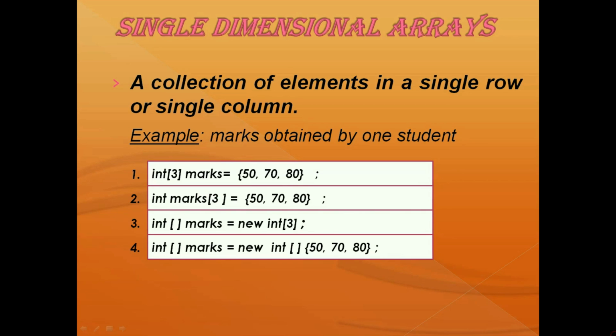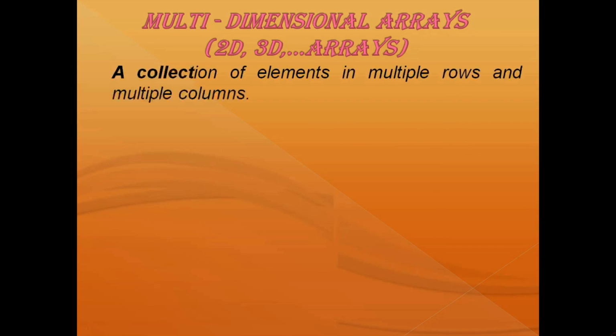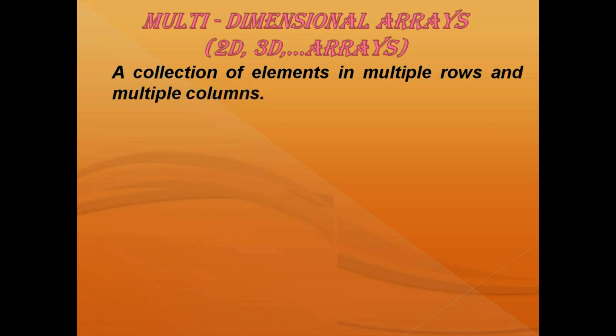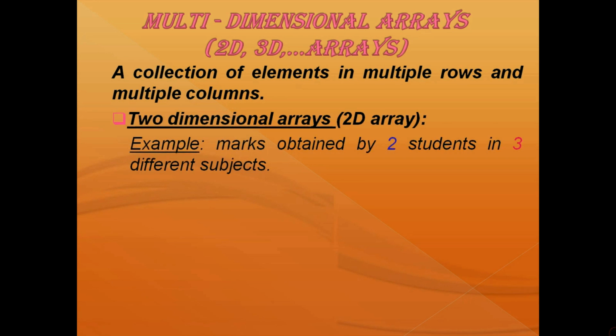Next, I am going to discuss multidimensional arrays. In a multidimensional array, there is a collection of elements in multiple rows and in multiple columns. First let's try to understand the two-dimensional array.